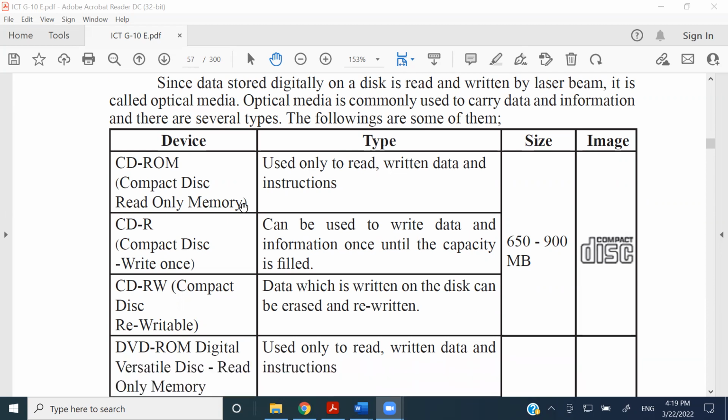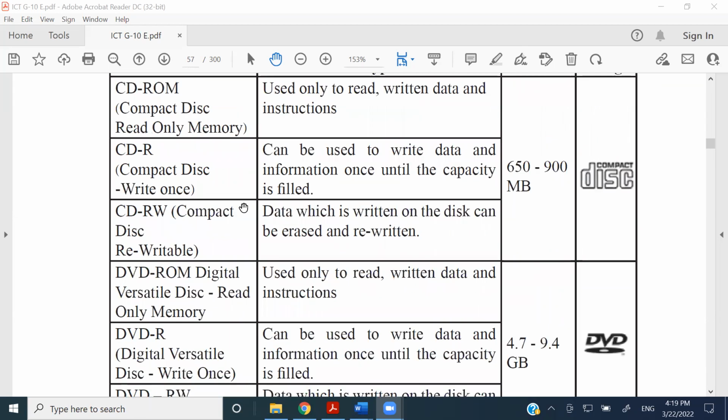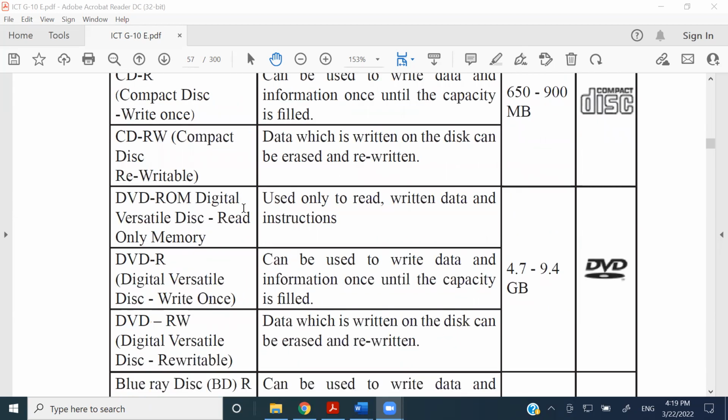The same goes for DVDs. There are DVD-ROMs, DVD-Rs, and DVD-RWs. DVD stands for digital versatile disk, right? And when it comes to the DVD, it has much greater capacity compared to a CD.